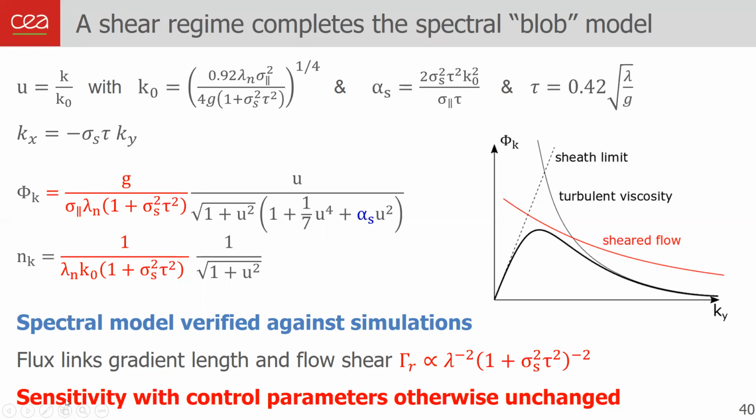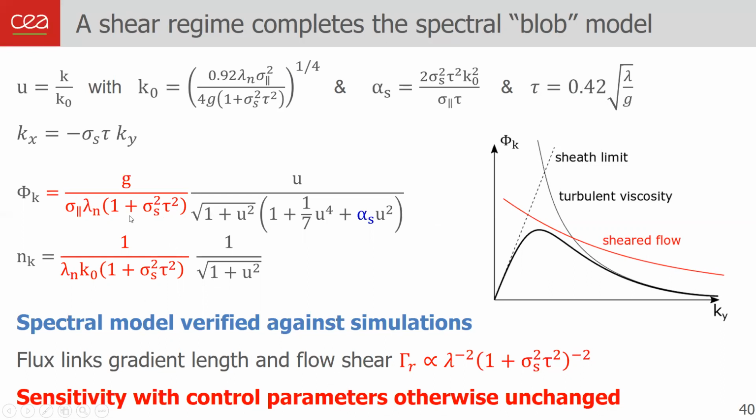But in the end, what you find is that the flux expression linking the gradient scale length and the shear flow shows that the gradient scale length is inversely proportional to the product of the shearing rate times this interchange time. So it's nothing new. It's fine. But we were able, from simple models, to embed this in the spectral model.